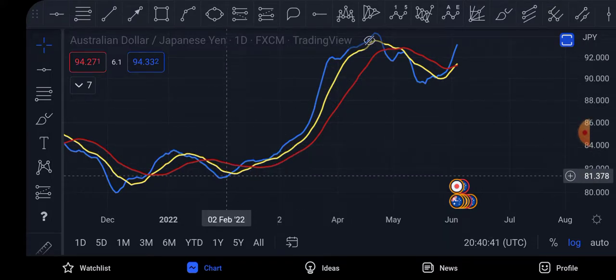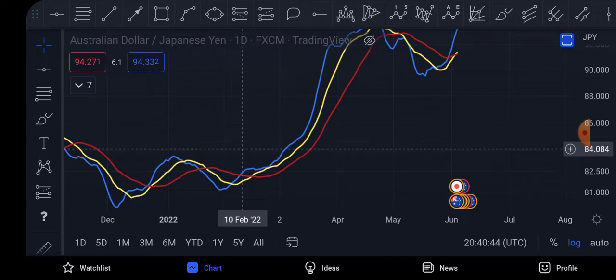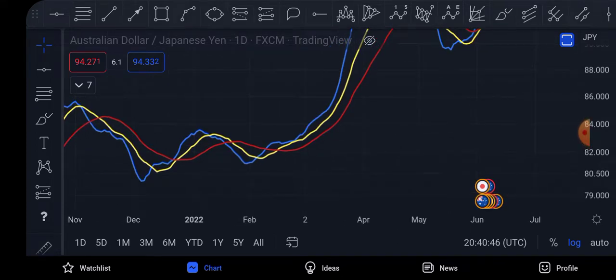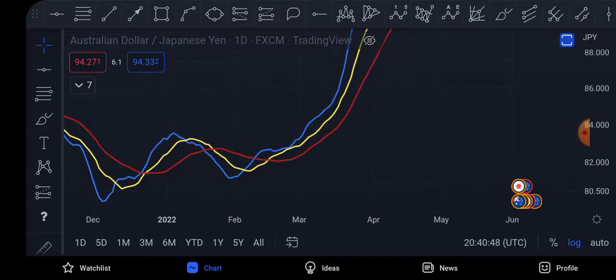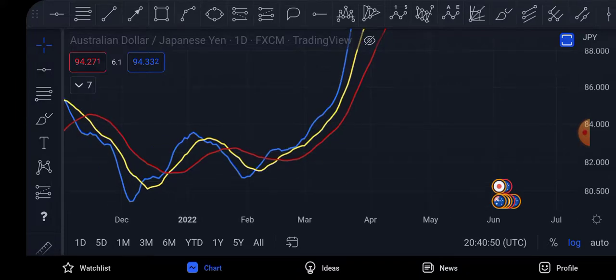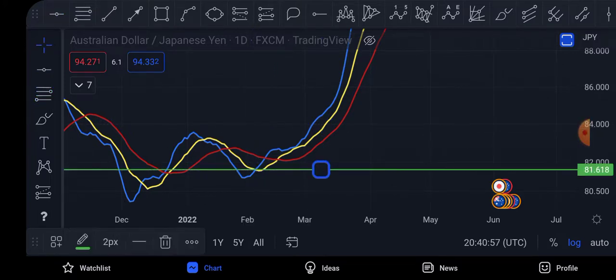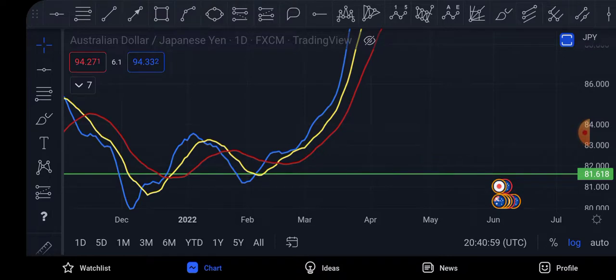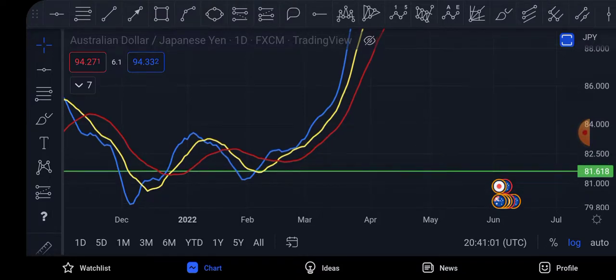Now, the reason I call this your execution line is because, for example, here, you're looking to buy. Like right here. That'll be your first buy position, right? That's where you enter first.